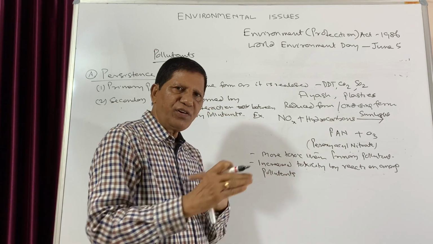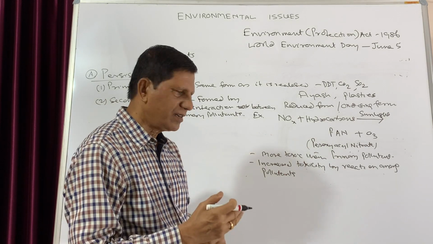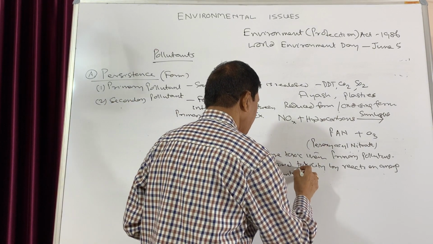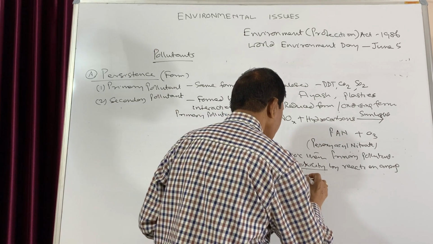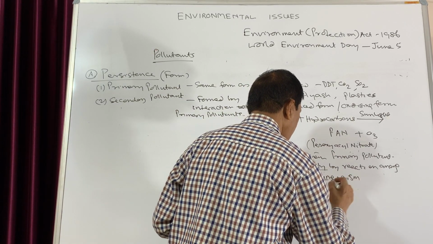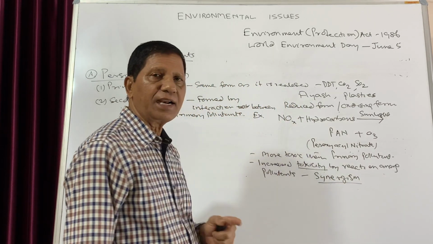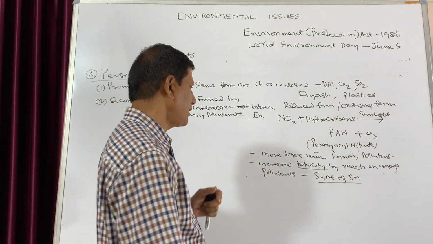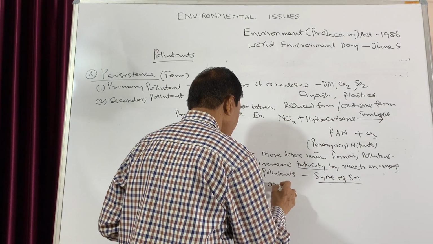So when the different secondary pollutants react, their toxicity increases. This is known as synergism. And these secondary pollutants are almost always in the oxidizing form.